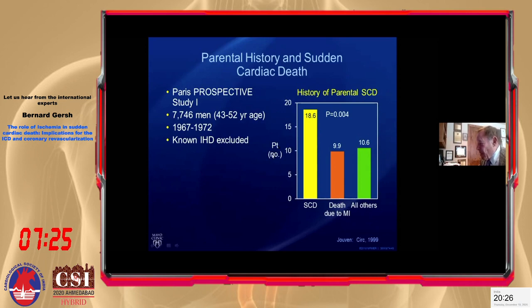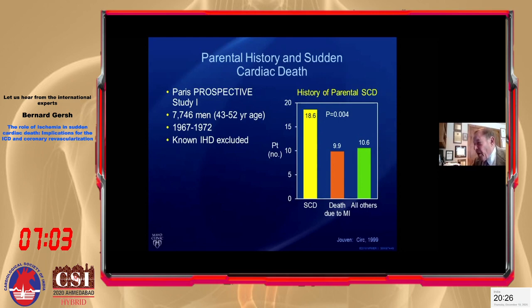This should be percent of patients, not numbers. If their parent died of a myocardial infarction, but not a sudden cardiac death, then 9.9% of patients were more likely to die of a myocardial infarction.